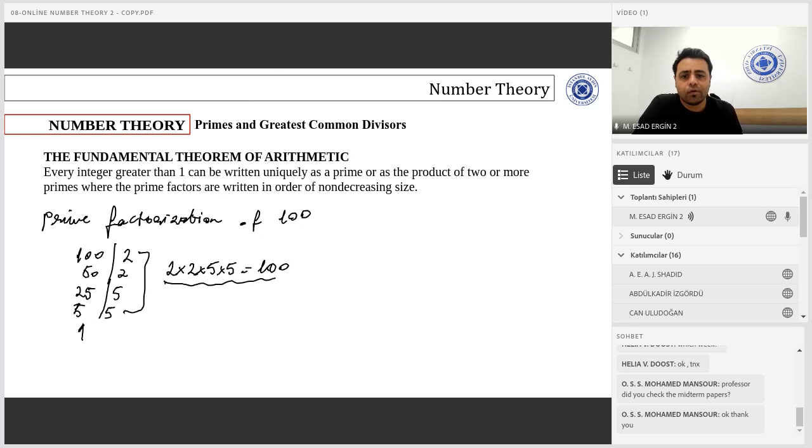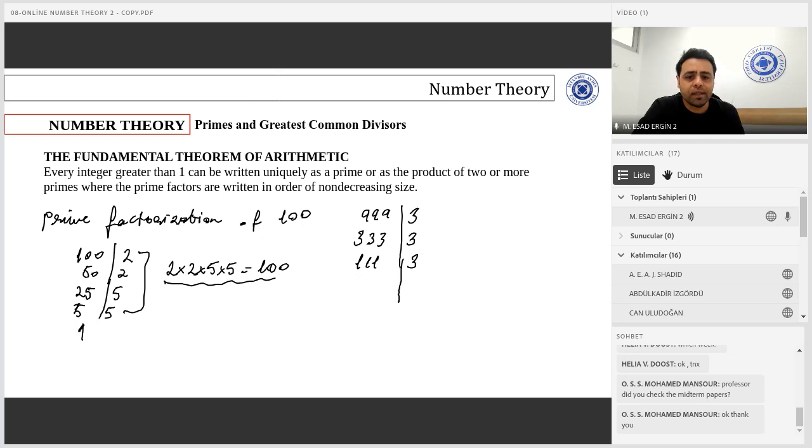So these four of them, 2 multiply 2 multiply 5 and multiply 5, equal 100, which is the prime factorization of 100. For example, if we take 999, at first we check the first prime number, which is the least one, 2. But 2 cannot divide 999. So we start with 3, which is the next prime number. It will be 333, and another 3, it will be 111. So this 111 can be divided by 3 too.